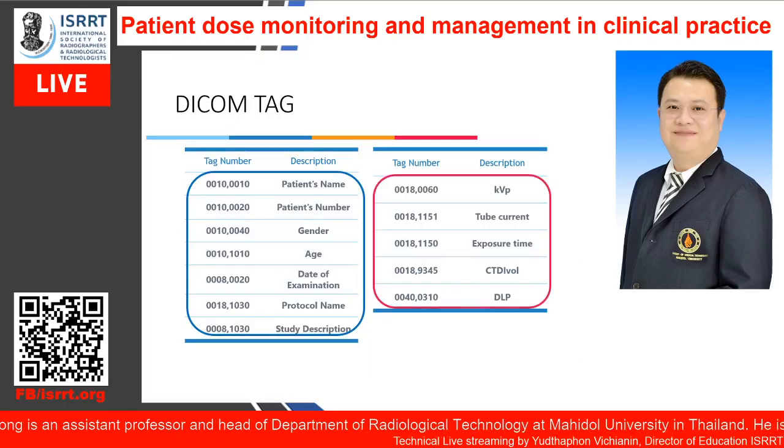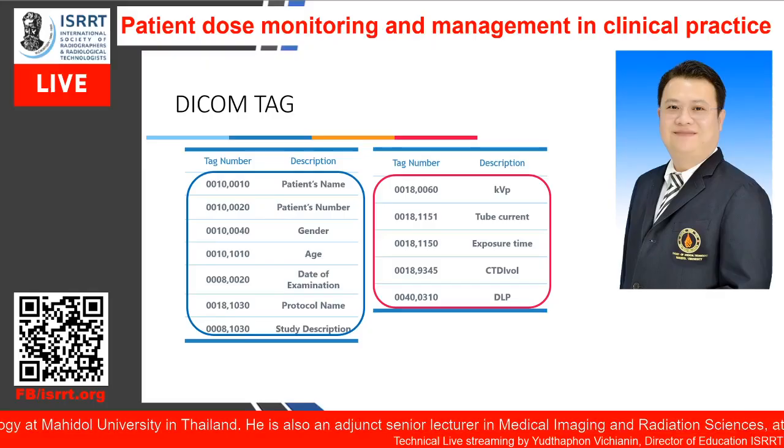And let's first take a look at this DICOM tag. If you learn digital imaging and PACS, you must know this DICOM tag. This is pretty much the standard platform that we teach radiography students these days in terms of digital imaging and PACS. They need to understand DICOM.